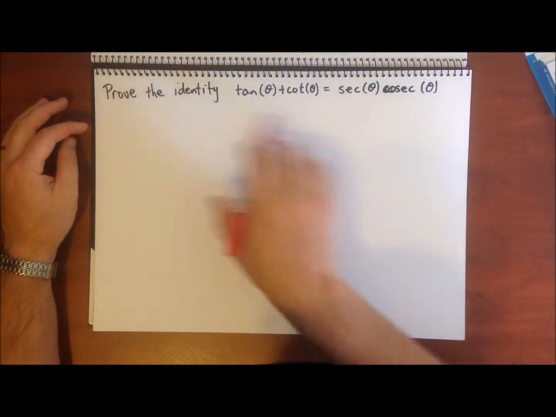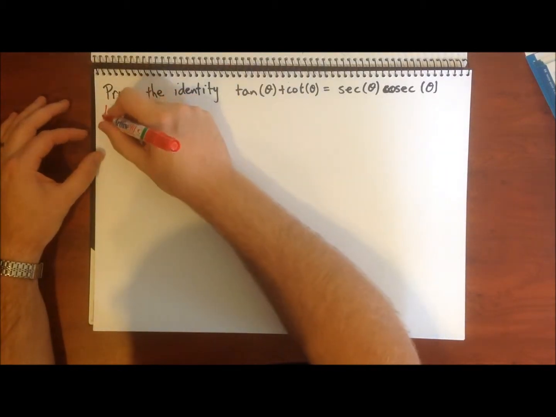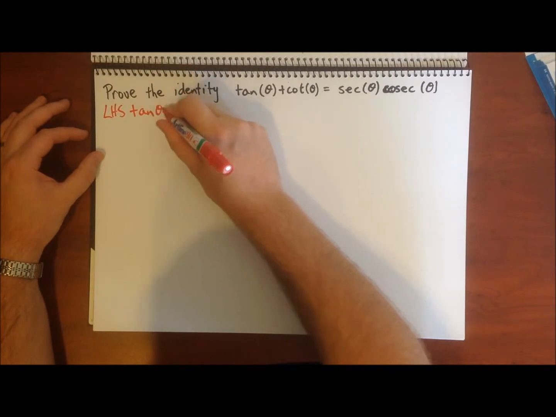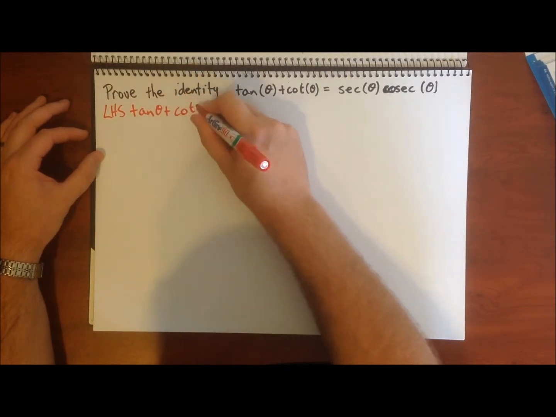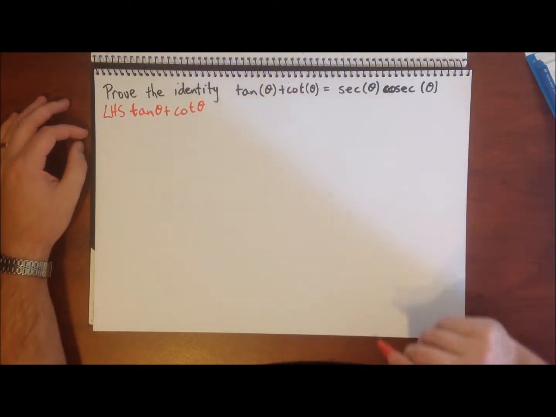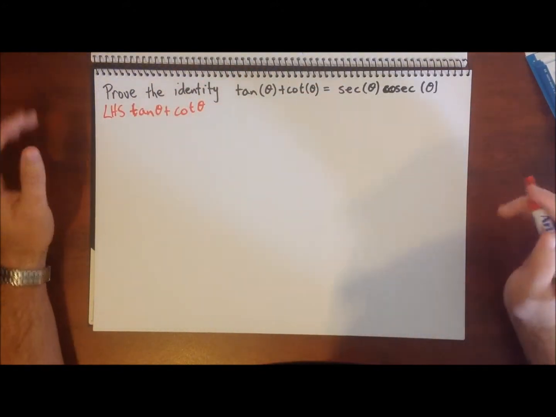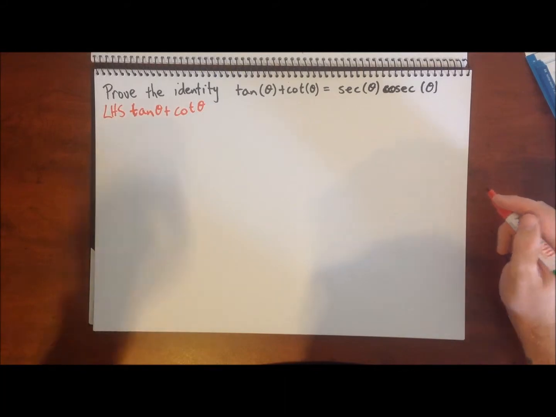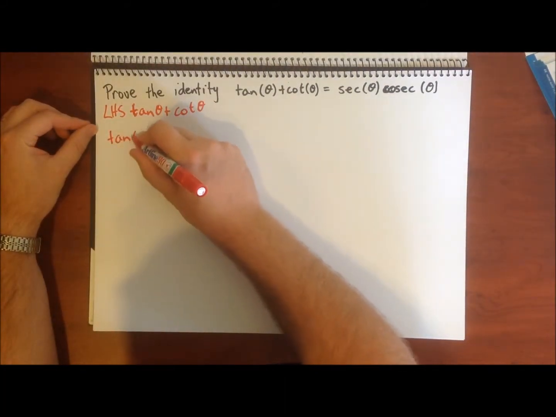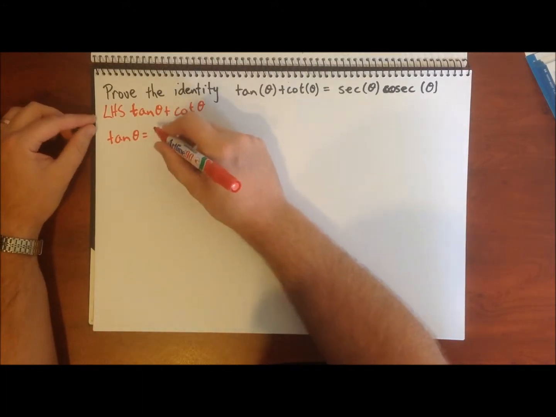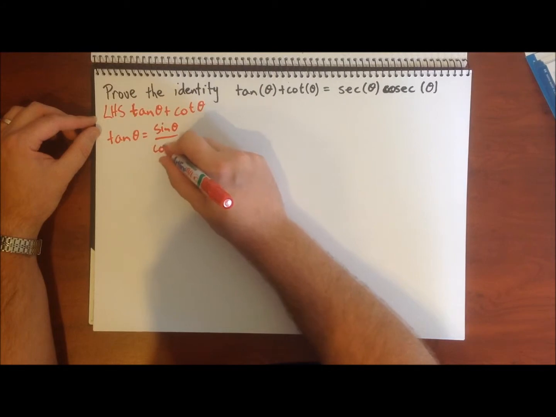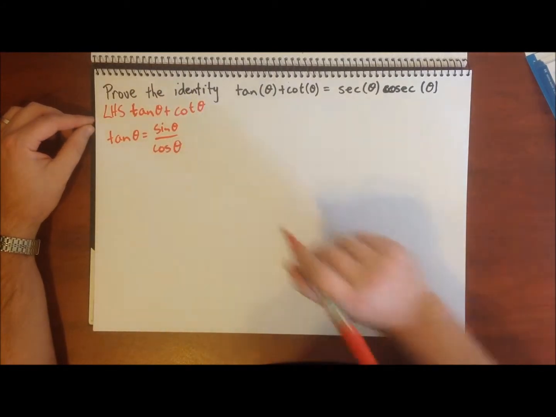So we're going to start by looking at our left-hand side, our tan theta plus cot theta. We need to think, well, what do we know about our tan? From previously, we know that tan of theta is equal to sine theta over cos theta.